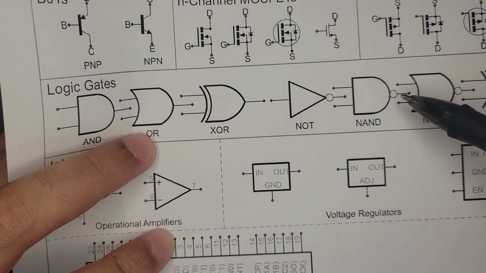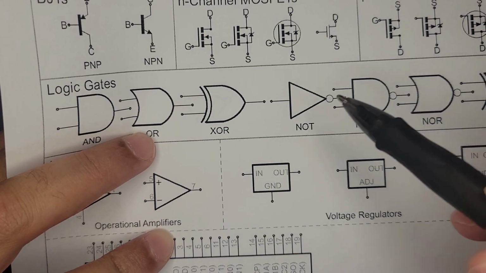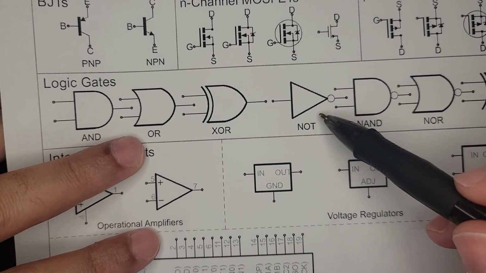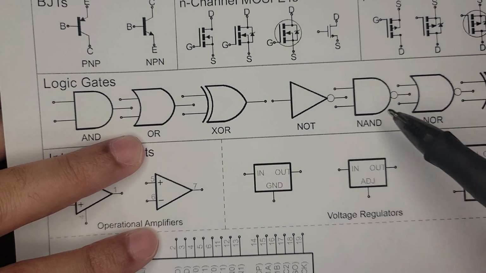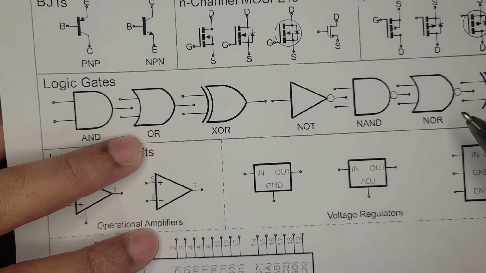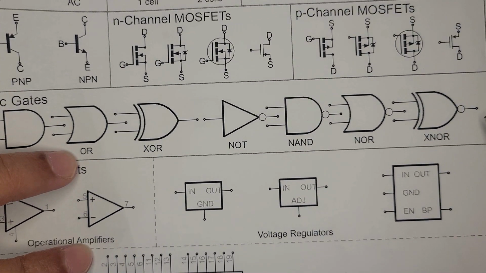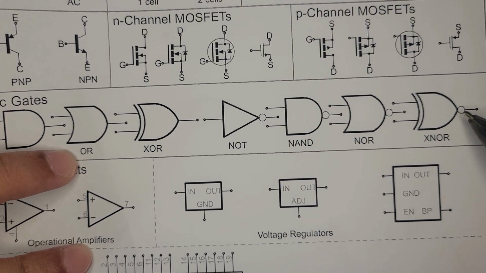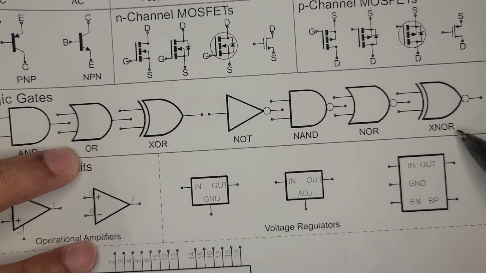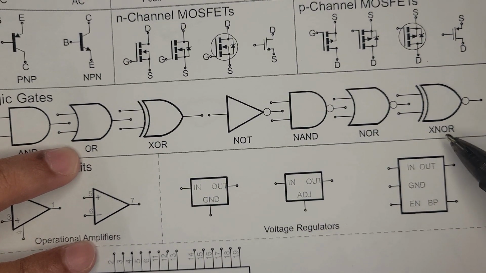I'm assuming these circles are just inversions because the NOT has a different symbol but a circle, and then all of these: not AND, not OR, and I don't even know what this one is. Exclusive not OR, it has a circle.